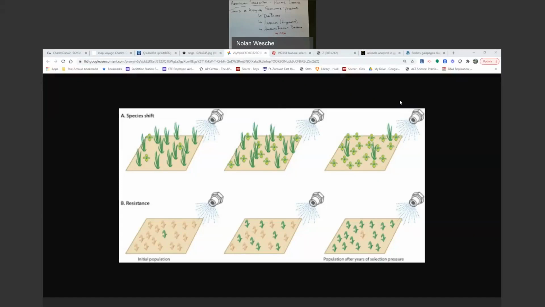So here would be an example of this glyphosate resistance. So we can see that, again, we're spraying these fields and the weeds that are at risk and aren't resistant don't have the ability to break down or metabolize this glyphosate compound. They die off, right? So these tall, weedy species here are dying off.